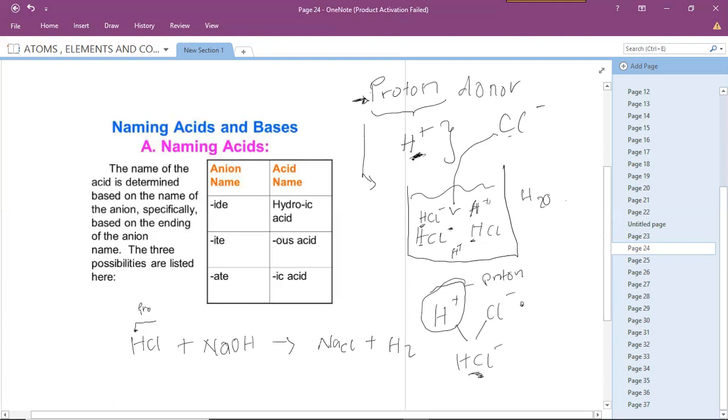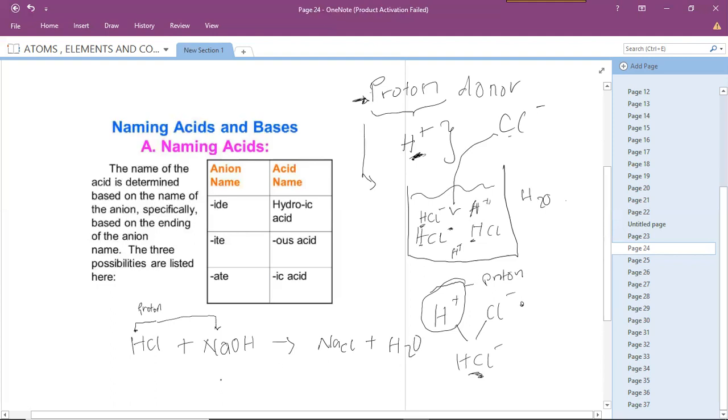No wonder I said always think about protons as hydrogen plus ions. So this hydrochloric acid is going to donate a proton to this sodium hydroxide to produce a salt and water, H2O.